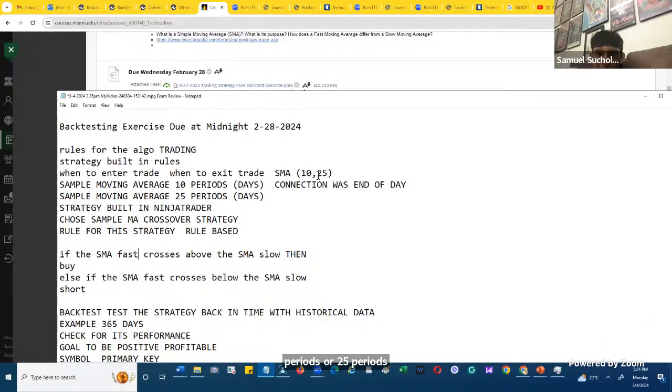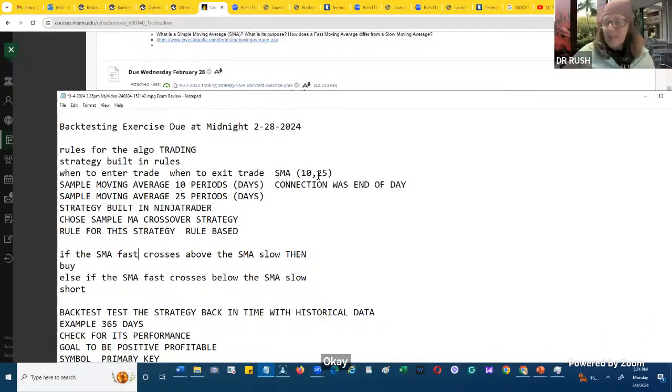The 10. Since 10 is lower than 25, that's called quick. That's called fast, comparatively. So we say if the SMA fast, and in this case it's 10 periods, crosses above the SMA slow, then buy.